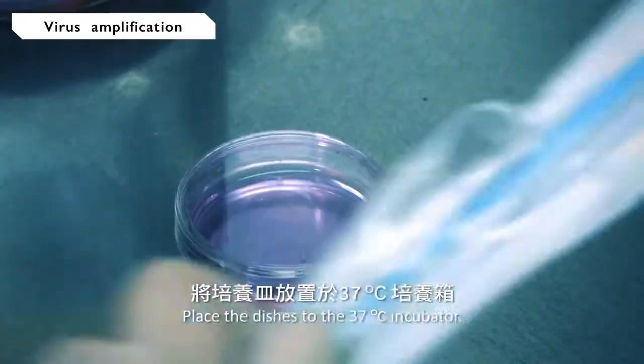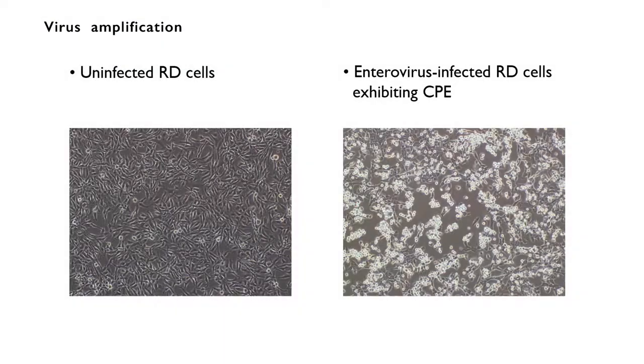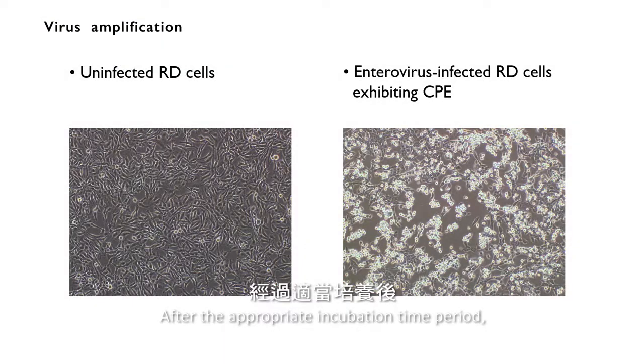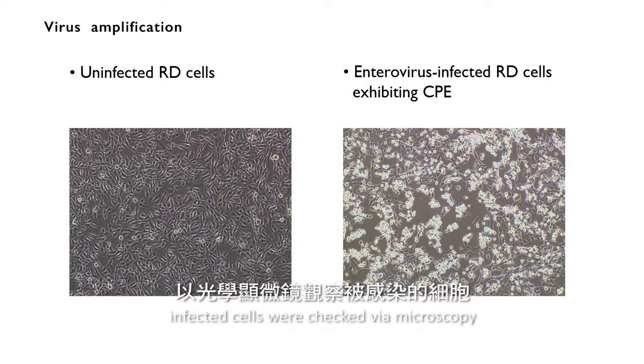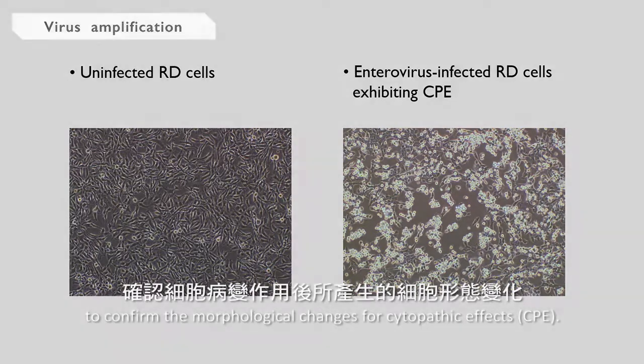Place the dishes in the 37 degrees Celsius incubator. After the appropriate incubation time period, infected cells are checked via microscopy to confirm the morphological changes for cytopathic effects, also called CPE.